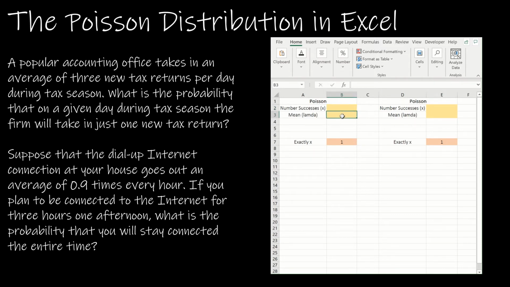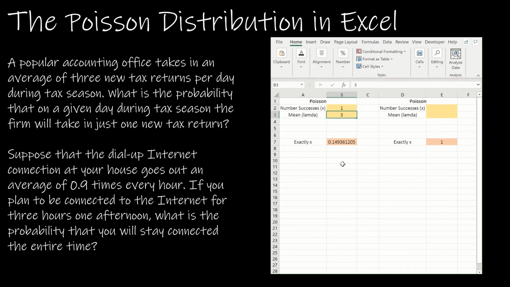That's the mean. And we're testing in 1 day, the firm will take on 1 new tax return. And so again, now I have my solution, which is there is about a 14.9% chance that the tax office will take in only 1 new tax return.